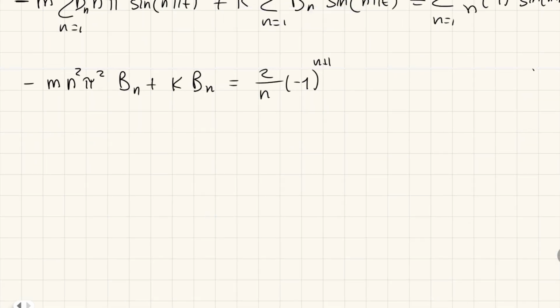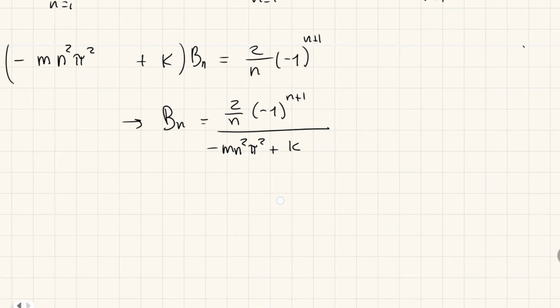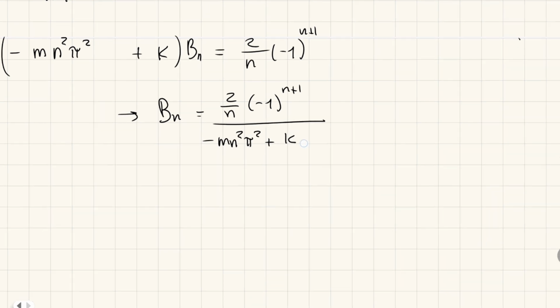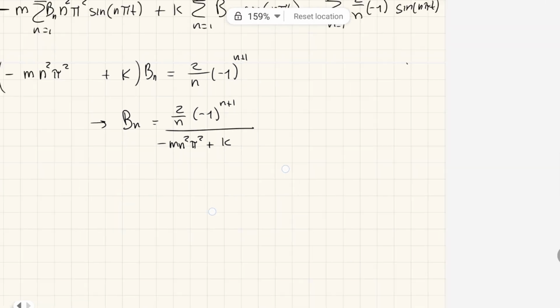If we take this common factor b sub n, we get that b sub n is equal to 2 times minus 1 to the n plus 1 divided by n times minus m n squared pi squared plus k. Okay, perfect. Let me see if we can do anything else. It seems like not.